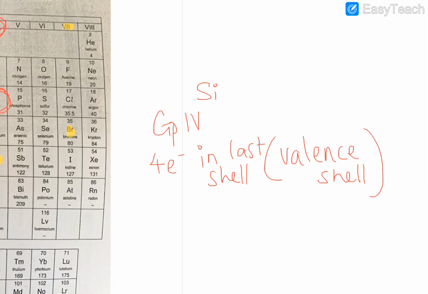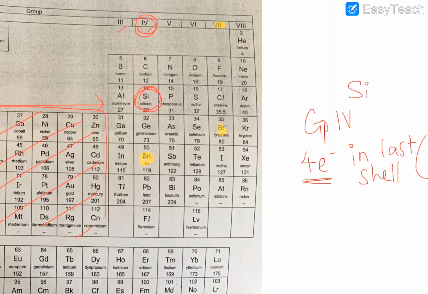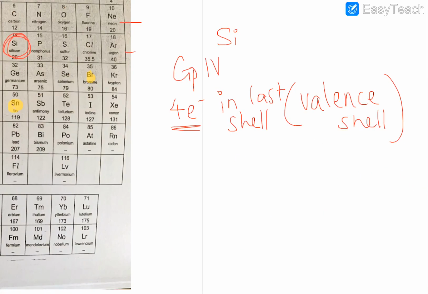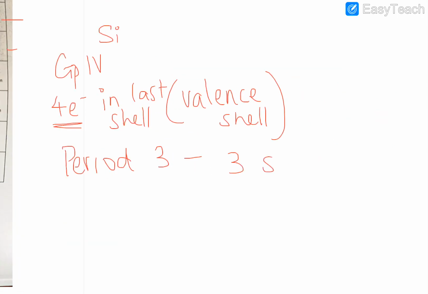Okay, and if you still remember your Form 3, there comes a term, valency. We'll come back to this term. So the valence shell will contain 4 electrons because silicon is in group 4. Let's see which period it is. It is period 1, 2, 3. So it is found in period 3, which means there should be 3 shells filled in.